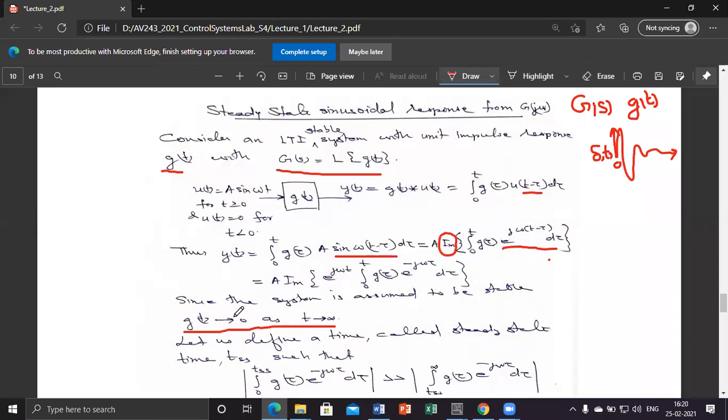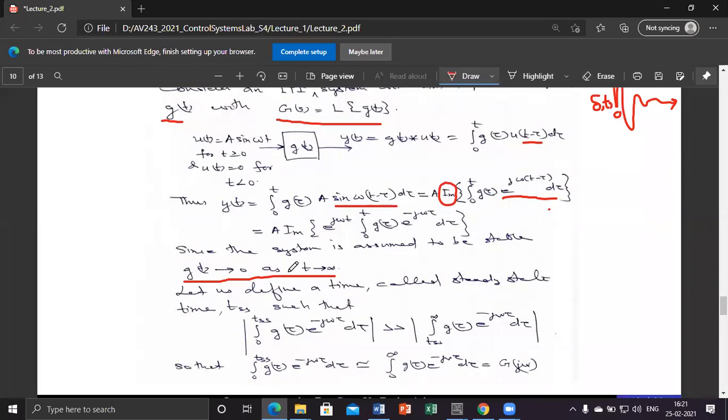Here we are going to give the new substitution. Since the system is assumed to be stable, g(t) tends to 0 as t tends to infinity.